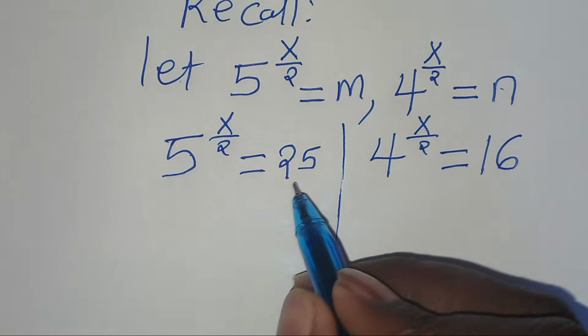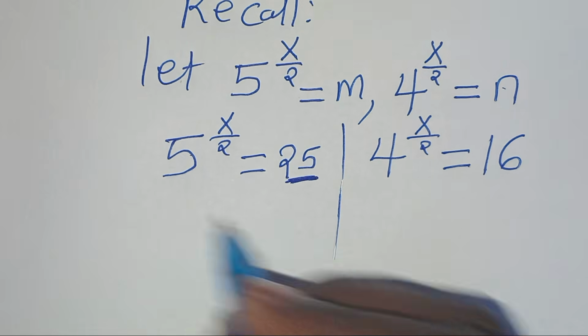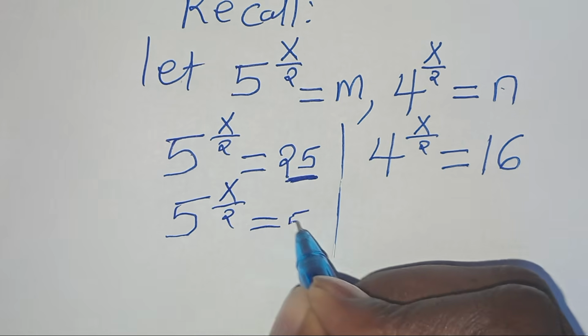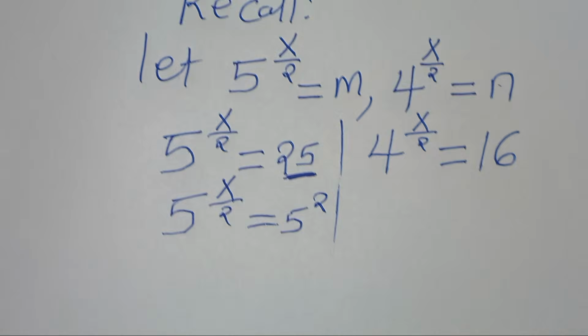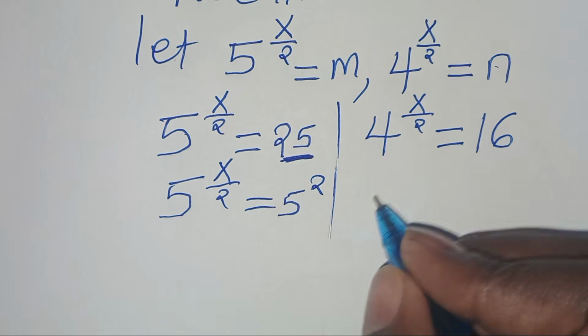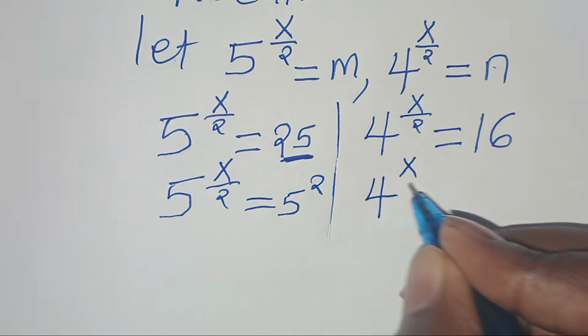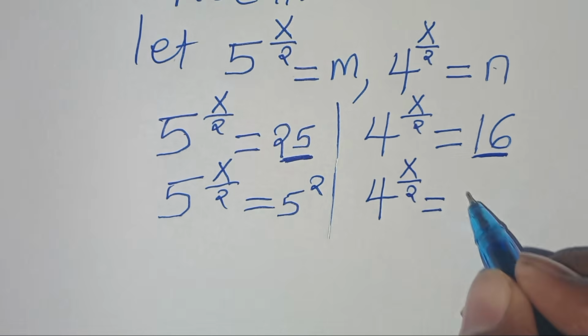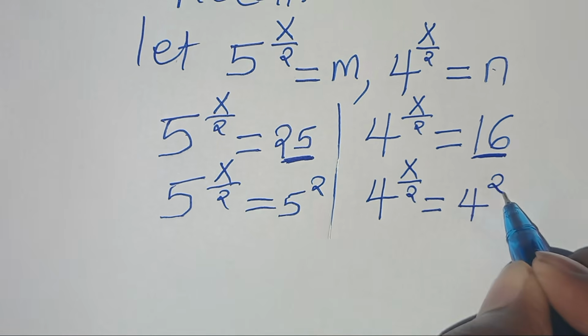So this is to mean that here we can express 25 as 5 to the power of 2. The same case here, we have 4 raised to the power of x over 2, which is equal to 16, and 16 is the same thing as 4 squared.